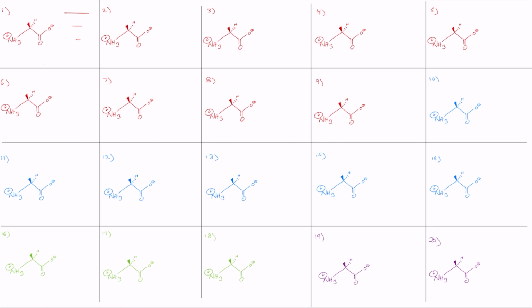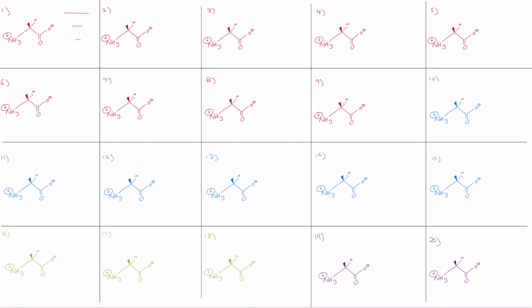So here's our chart of amino acids. Notice for all 20 of them, I filled in the general structure of an amino acid, but left the side chain R group blank. Color coordinated here are 9 nonpolar amino acids in red, 6 polar amino acids in blue, 3 basic amino acids in green, and 2 acidic amino acids in purple.